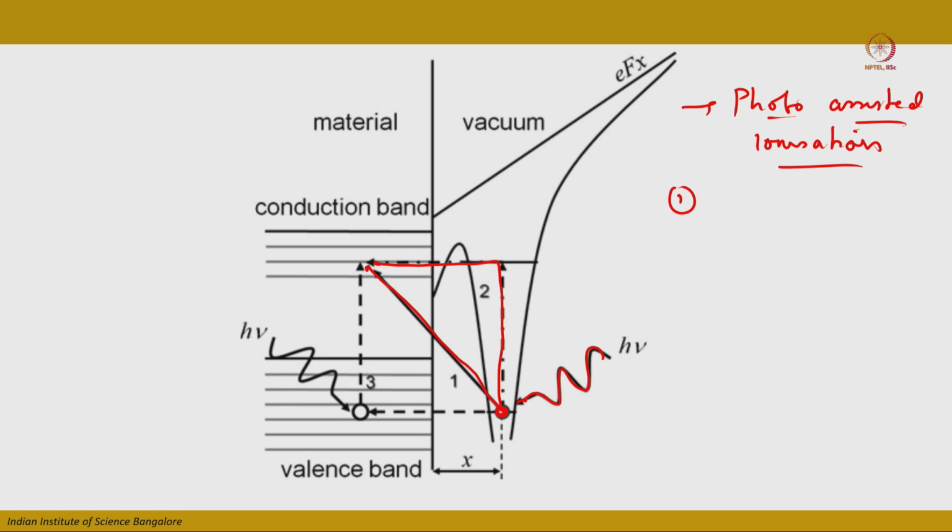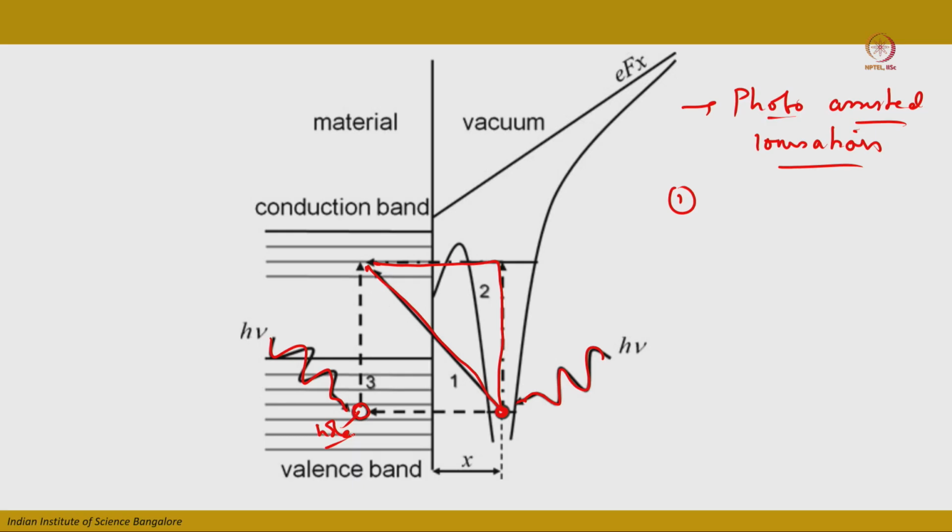The third path involves the absorption of a photon into the material. This photon absorption excites an electron from the valence band, which creates a hole.